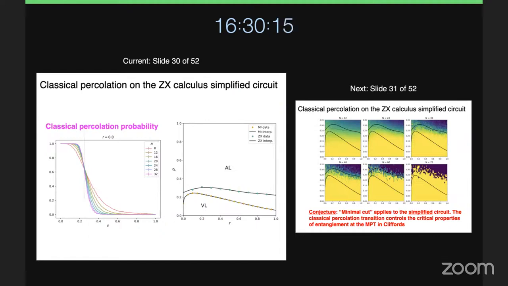And then here you can see the probability of being connected as a function of p for different system sizes. This is basically a classical question, using an adjacency matrix, whether there is a connection between the top and bottom of the circuit as a function of p for different system sizes.